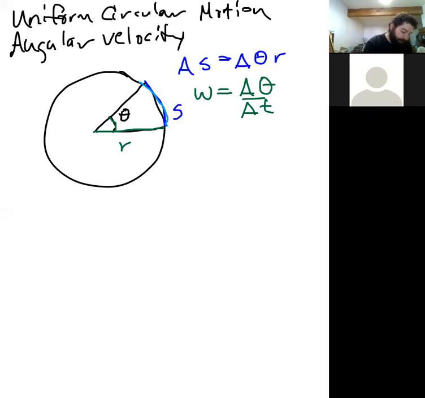Omega is just how fast it's rotating, but how fast a certain point goes is going to depend on the radius. That's our distance, delta S.